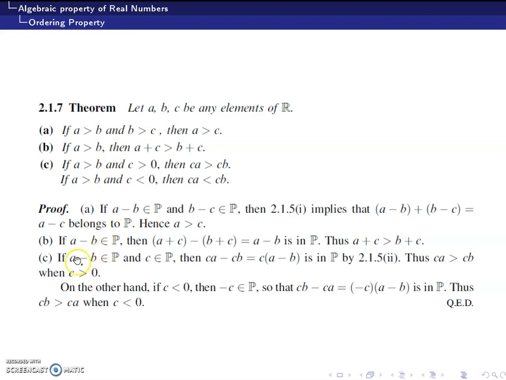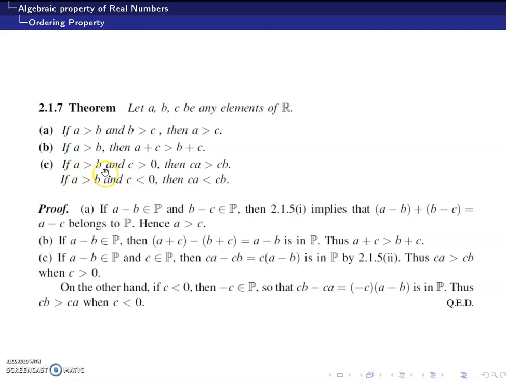A greater than B implies A minus B is an element of P. Now we add C and subtract C. So A minus B can also be written as A plus C minus B plus C. So A minus B belongs to P implies A plus C minus B plus C belongs to P. By using the definition of inequality, this further implies that A plus C is greater than B plus C, which proves part B. Now we move on to part C.